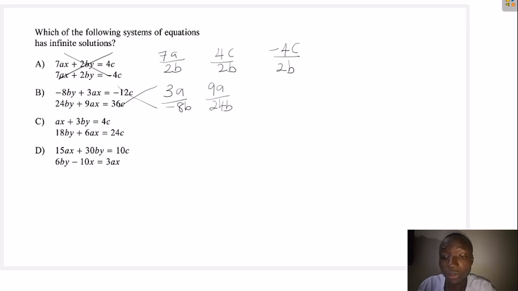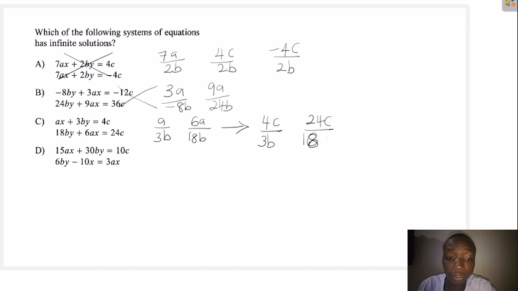So let's do the third option. So for the third option, you have a over 3b. And for the second equation, you have 6a. So you have to pick coefficient of x first over 18b. So you simplify this, the slopes are the same. So we can proceed to check the y-intercept. So for the y-intercept, you have 4c over 3b.